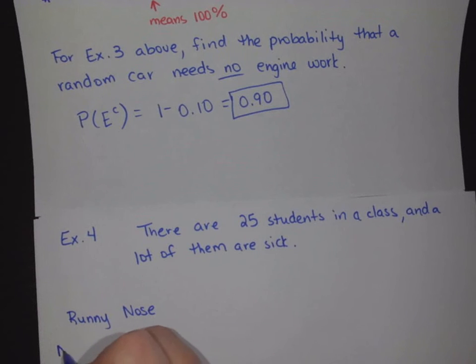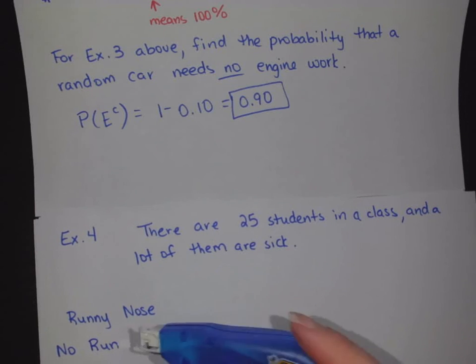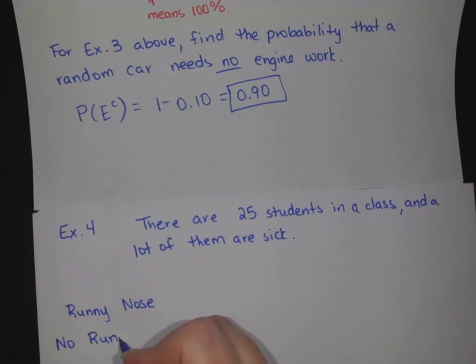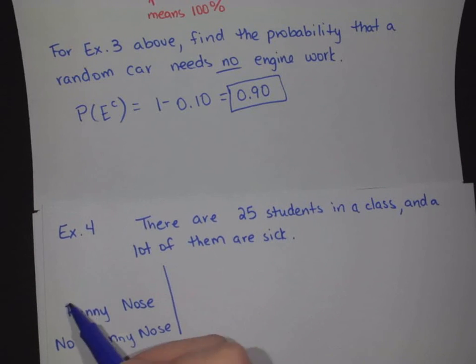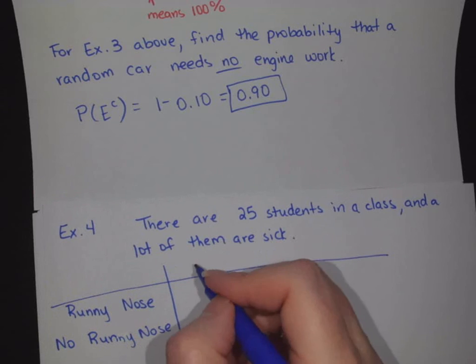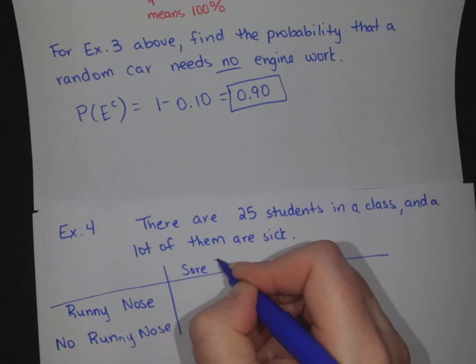a line so that you can fit this whole chart. Let's say we've got some kids with the symptom of a runny nose. And then we've got some that have the symptom of a sore throat.